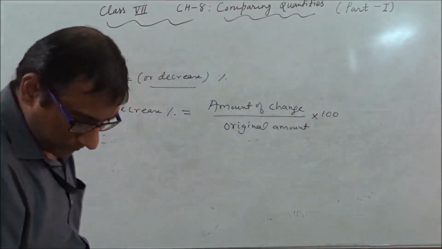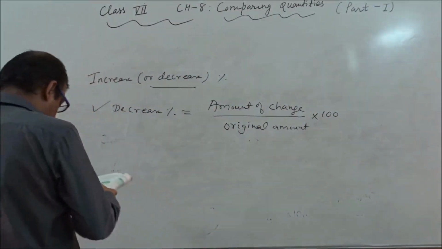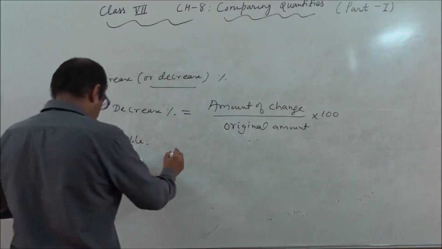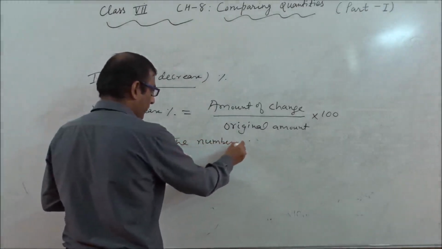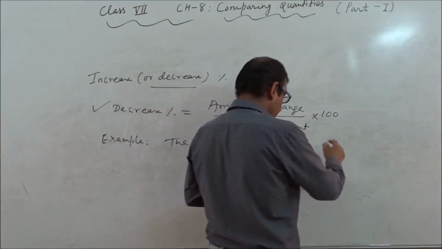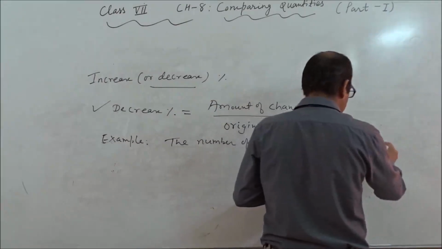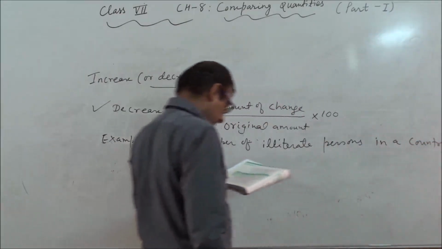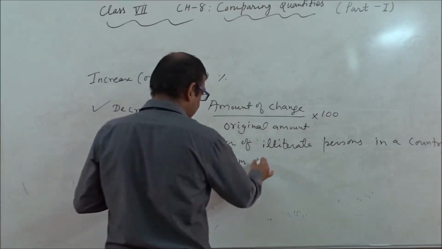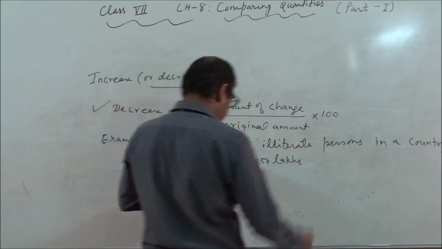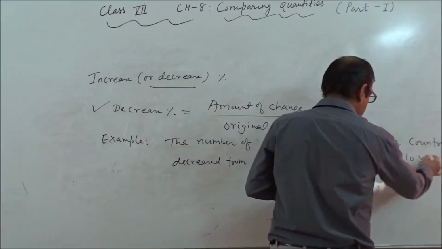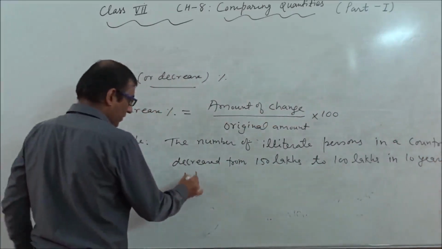So the question is, I am writing the question: The number of illiterate persons in a country decreased from 150 lakhs to 100 lakhs in 10 years. So what is the percentage of decrease?